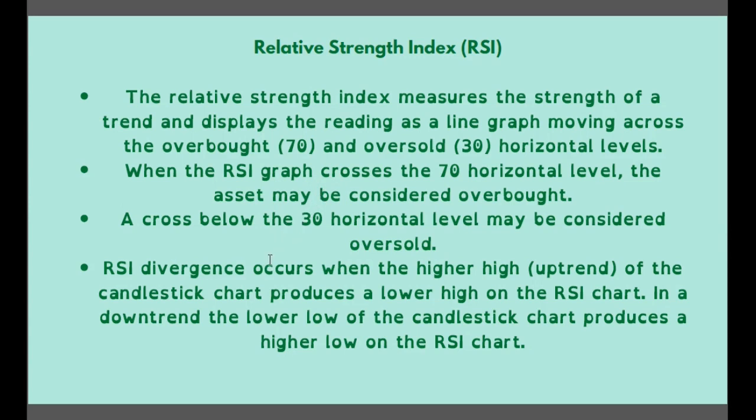Most traders consider the 70 horizontal level as an overbought level, and they consider the 30 level as the oversold level. While this might not be wrong in its entirety, it's not totally accurate.